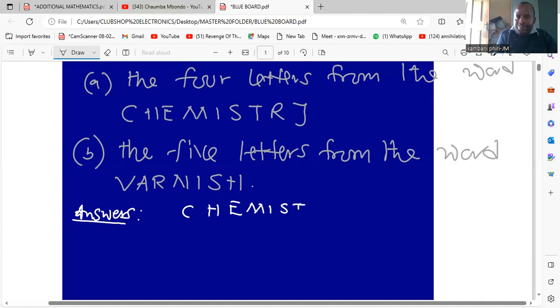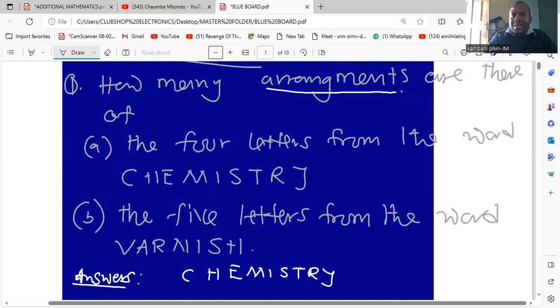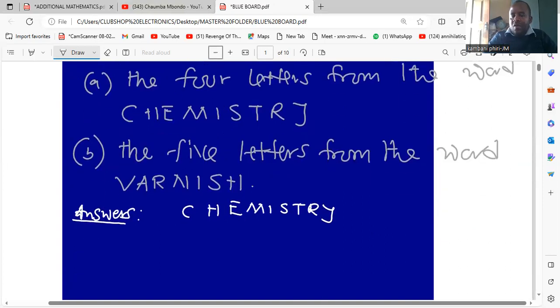How many arrangements are there of the 4 letters? If we were to pick 4 letters, in how many ways can we arrange those?